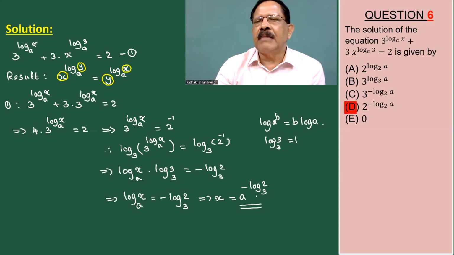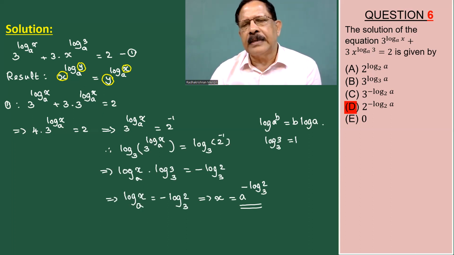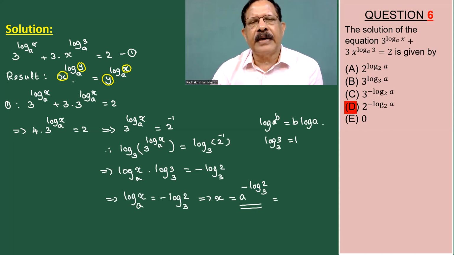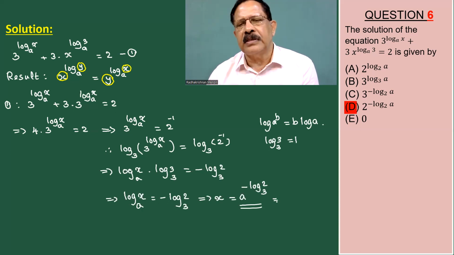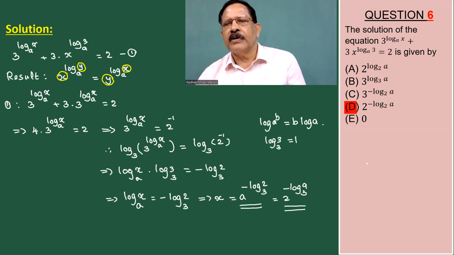Here we haven't actually completed. Again, we are using the given property; you can interchange a and 2. It's not completed yet; as with x and y, we can interchange them. Again we are using the same property, interchanging a and 2. This is equal to 2 to the power minus log a to the base 3, because the answer is given in that form.